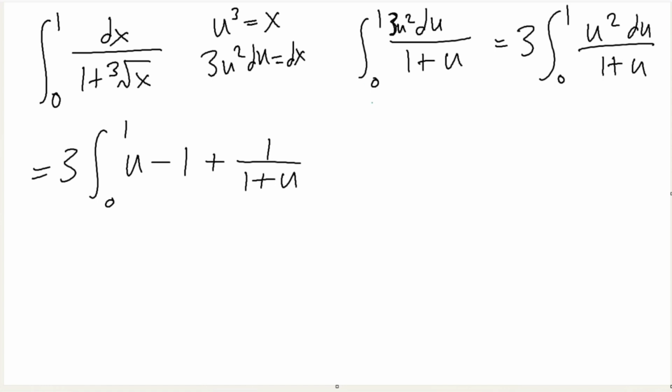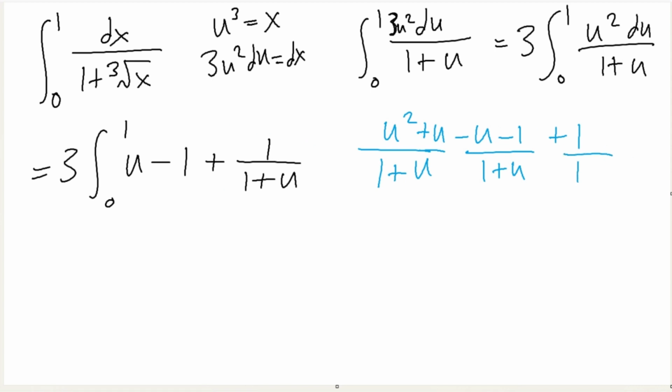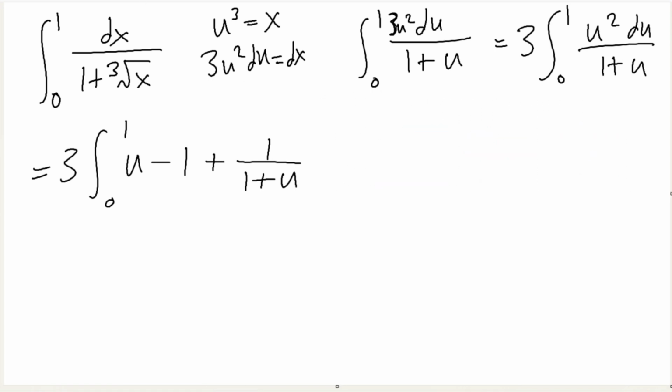You're pretty much doing plus u minus u here, and then minus 1 plus 1. And that's how you get this. That's the idea, but that's polynomial division.